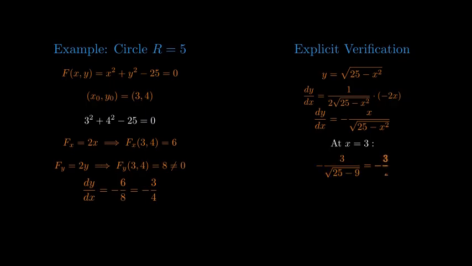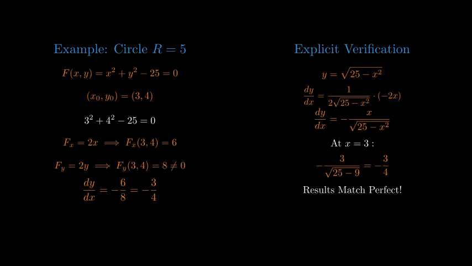When we substitute x equals 3 into this explicit derivative, we get negative 3 divided by the square root of 25 minus 9, which is negative 3 divided by the square root of 16, or negative 3/4, matching our implicit result perfectly.